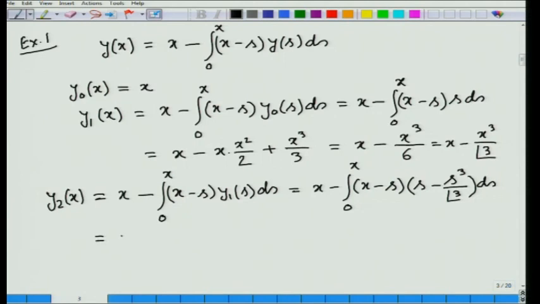So, first of all we have to integrate with respect to s, and then we have to substitute the lower limits and upper limits. In both the integrals, the lower limit will contribute only 0. So, from the first term, that is x times the integral of this, will give us x times (x square by 2 minus x to the power 4 divided by factorial 4) here.